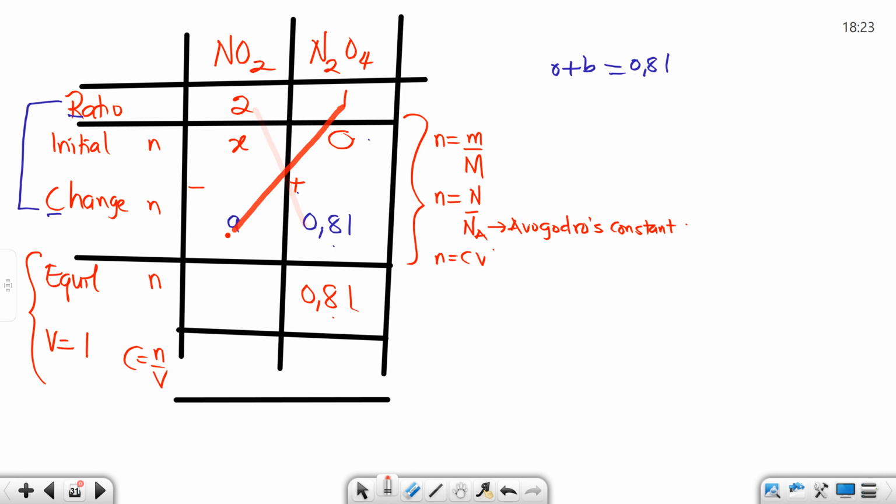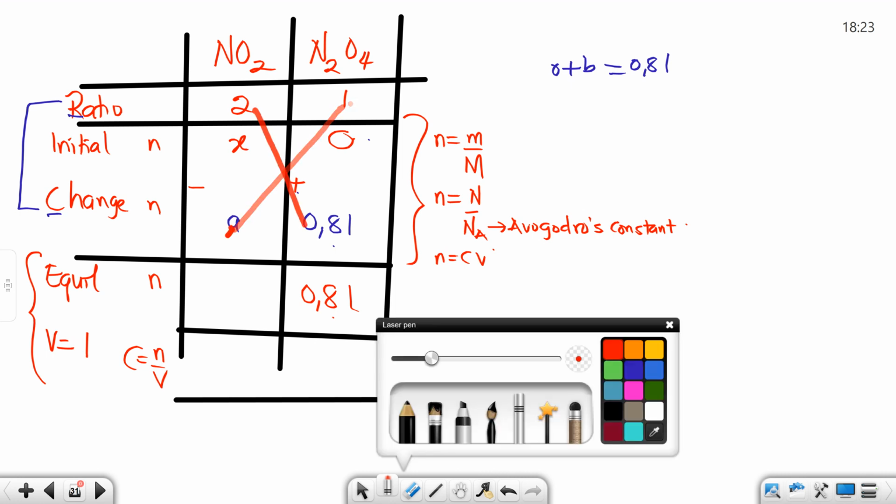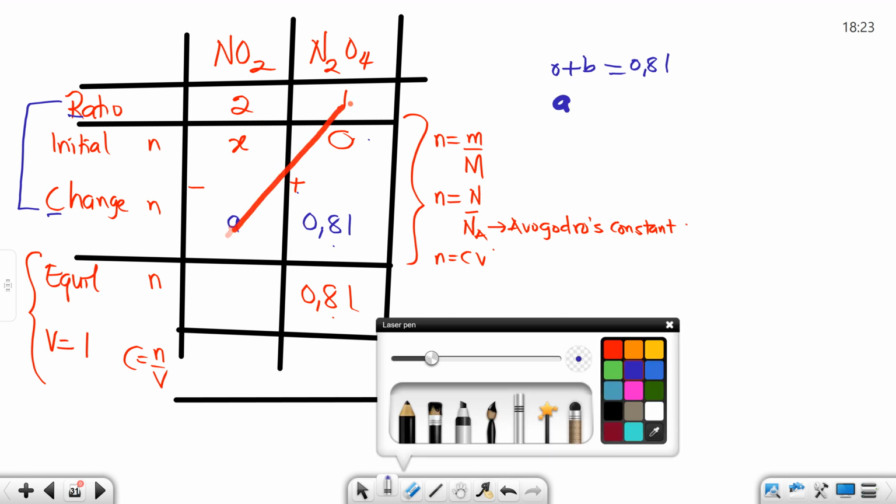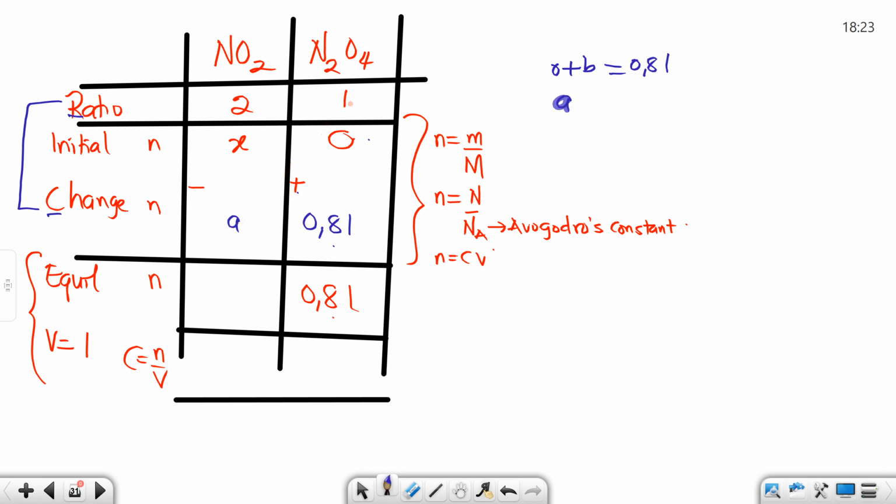Rice and chicken. What is 8 times 1? All right. 8 times 1. 2 times 0,81.